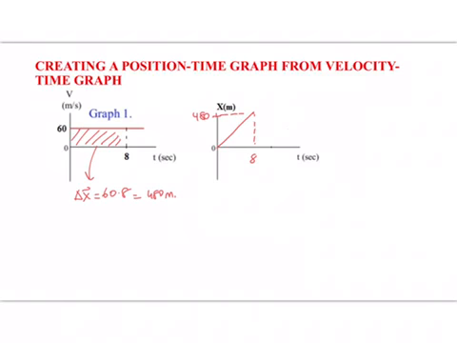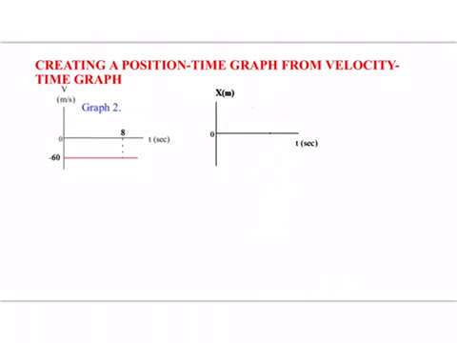Here, be careful about that. The displacement is equal to the final position minus the initial position, and in this example I take the initial position as 0. Now we have a negative velocity, minus 60 meters per second.